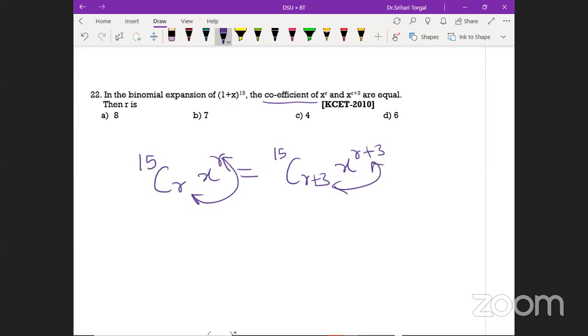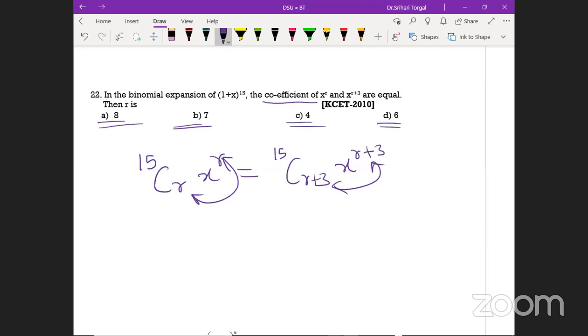Now I have to calculate the value of R so that these two are equal. Now tell me, suggest me any one value. If I put that value here, I have to get both have the same coefficients. Try it out because they have given 4 values.